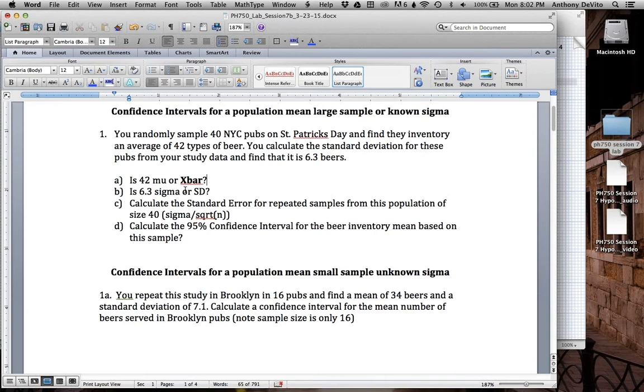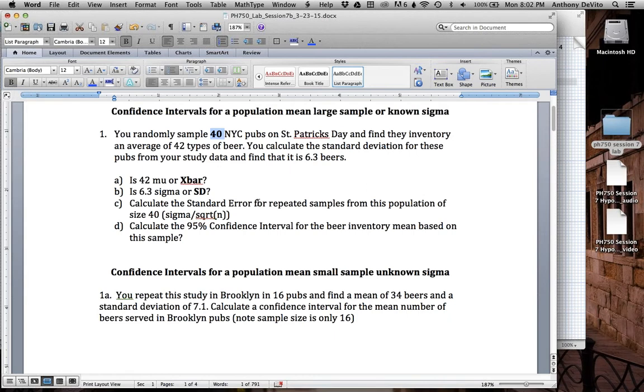The population. No, sample, right? We got that from the sample. Remember, you calculate the standard deviation for these pubs, not for every pub in New York, just for those 40 pubs. But the sample size is greater than 30. What's the sample size? 40 pubs, right? So the sample size is greater than 30. So we're allowed to use the z-score instead of the t-score.